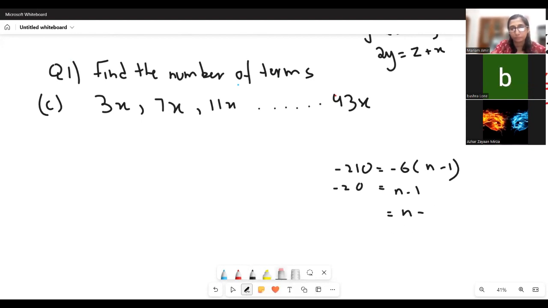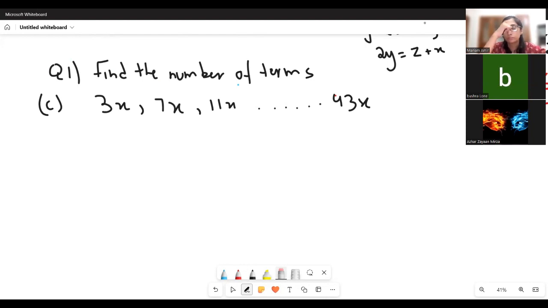Which term is 43x? Aisha, what will you do? First term is this, second term is this, third term is this, but which term is 43x?